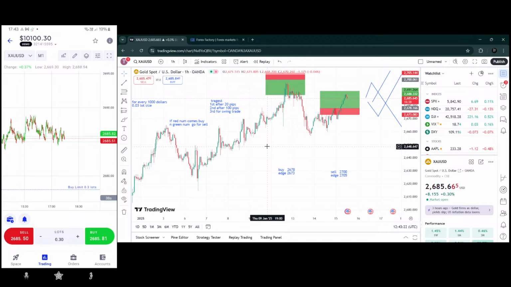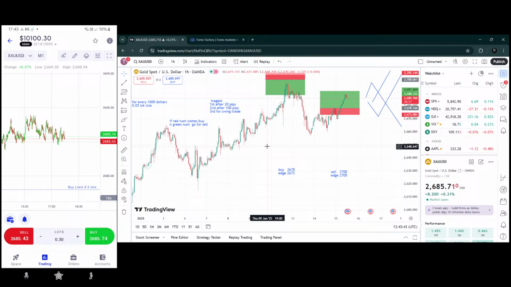And for example, on the news, if one setup is executed in the market, you must take all your pending orders, limit orders which we have put for sell or buy, and cancel all the orders first.